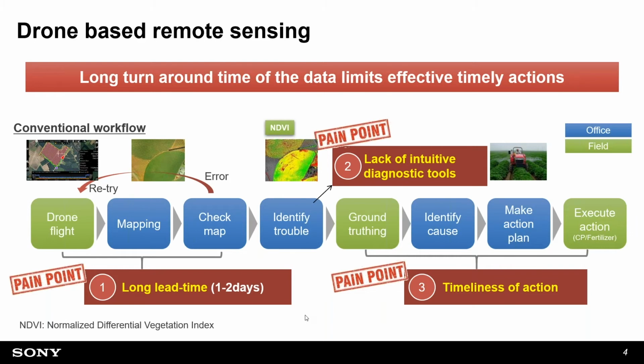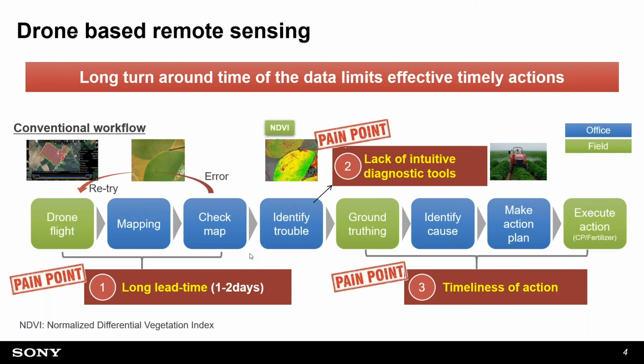One of the biggest challenges is that after you fly the drones, having data you can use for decision making takes a long time. Ideally, you would like to have this data ready when you are at the field, so you can talk to the stakeholders, the growers or agronomists, when you visit those areas.